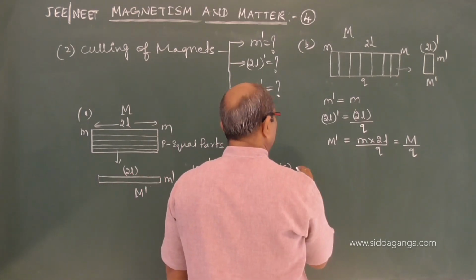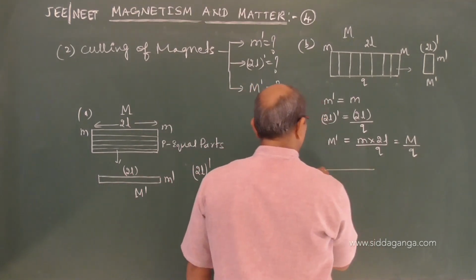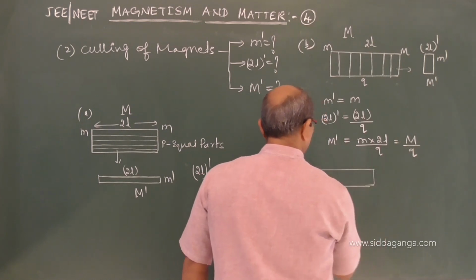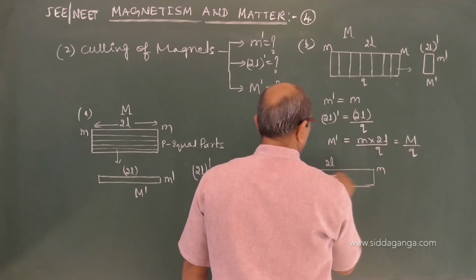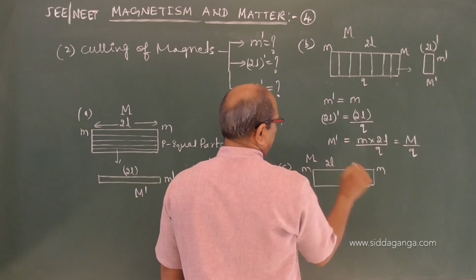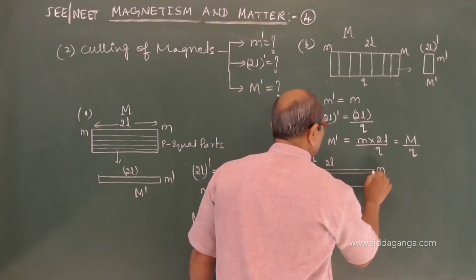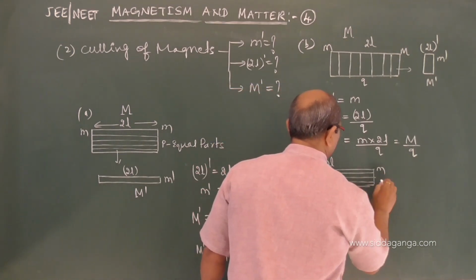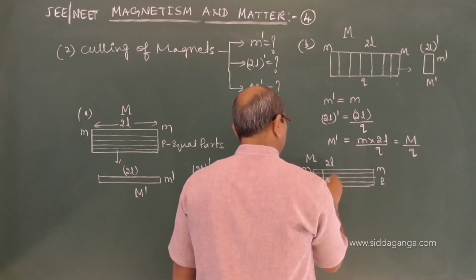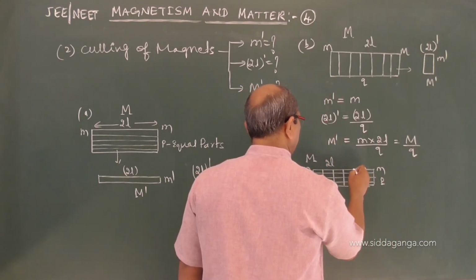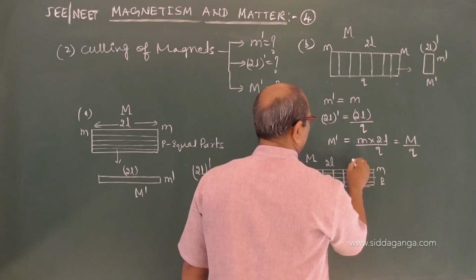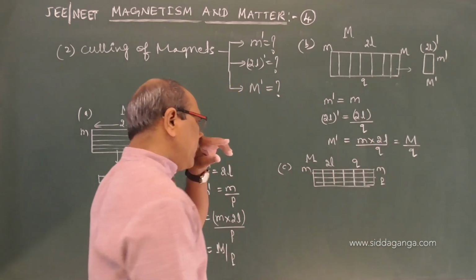Coming to the third, the same magnet of length 2L, pole strength M and magnetic moment M, cut along the axis P times and cut perpendicular to the axis Q times.